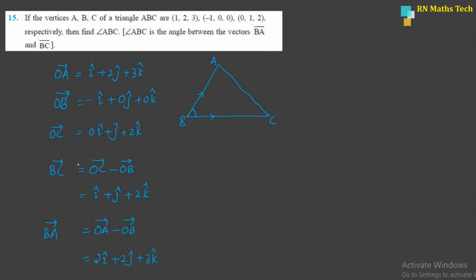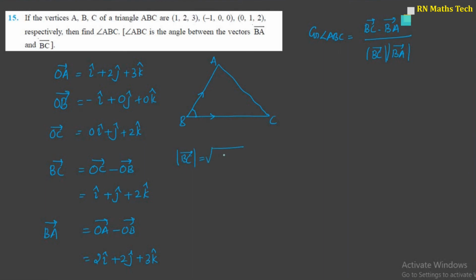Now cos of angle ABC is equal to BC dot BA divided by modulus of vector BC into modulus of vector BA. What is modulus of vector BC?